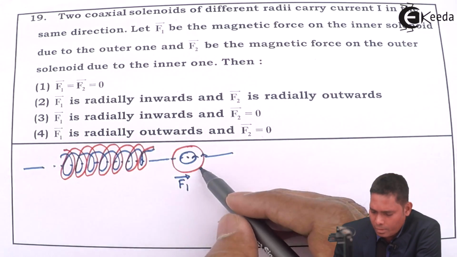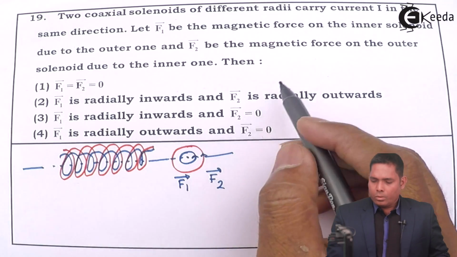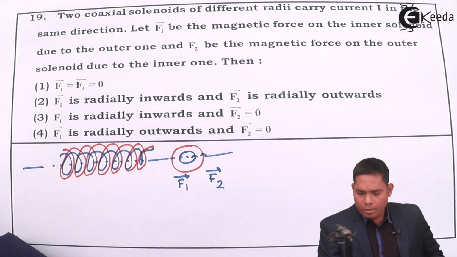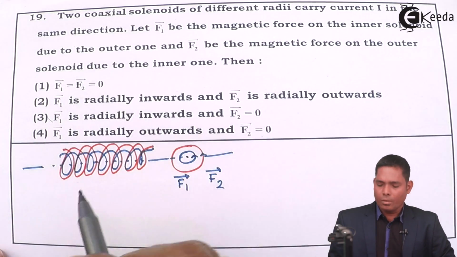So this one experiences a force of F2 due to the inner one. Then which of the following options are correct?